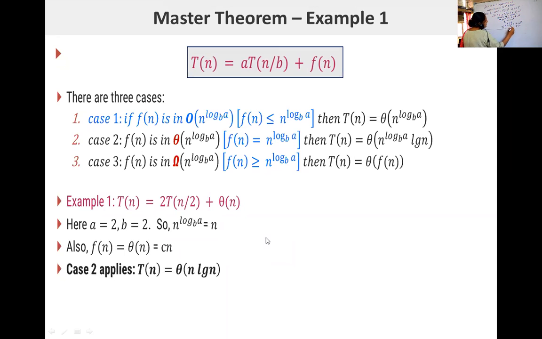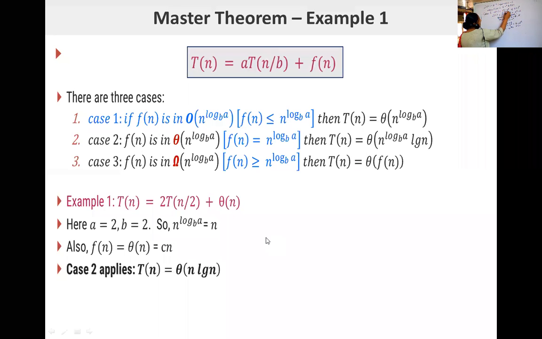What is my f(n) here? Look, this is my aT(n/b) and this is my f(n). f(n) is equal to n square, so d would be equal to 2. So a is less than b raised to power d, which is 3 is less than 2 raised to power 2, that is 3 is less than 4.